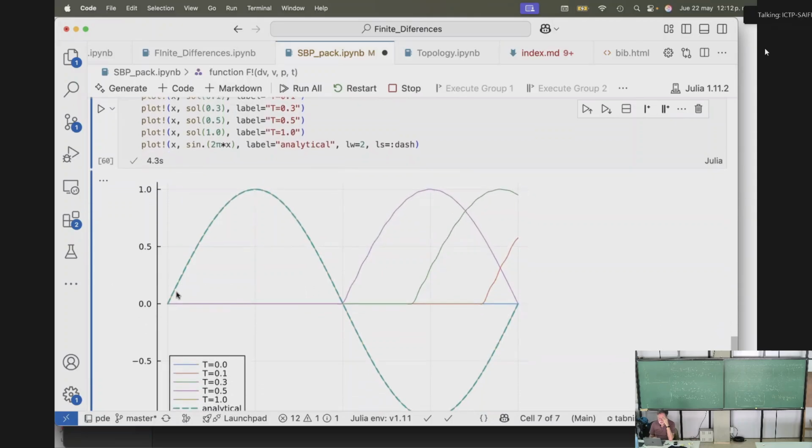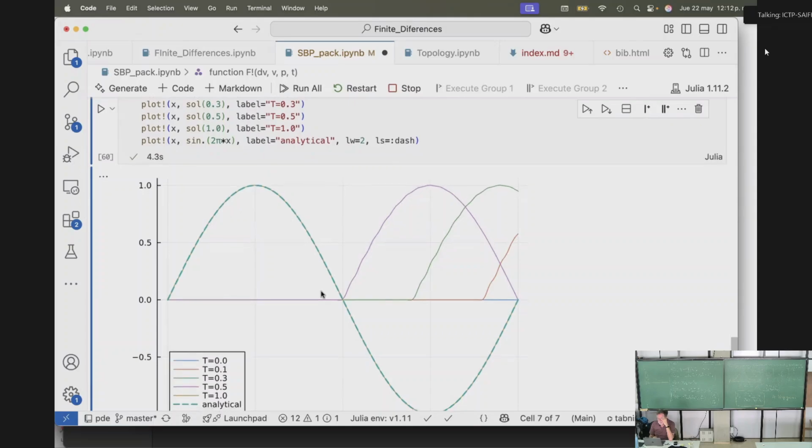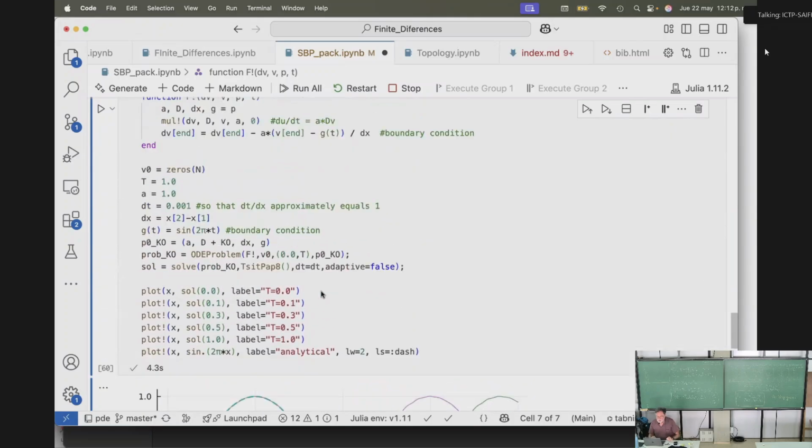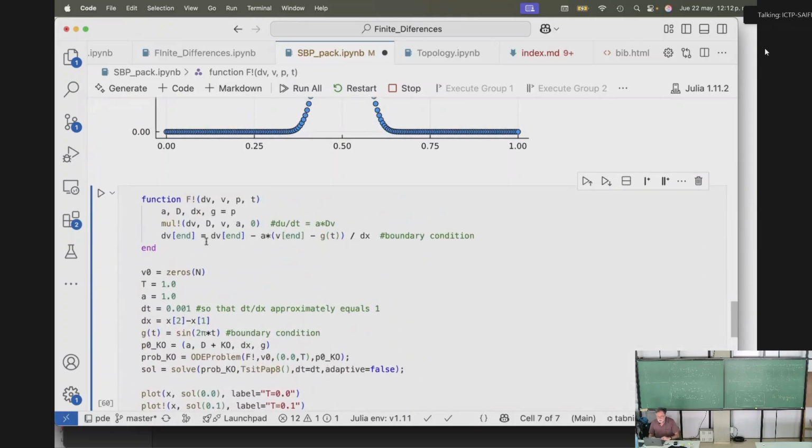And you see that you get something very, very precise. So this is a way of giving the boundary conditions. So now I have to explain why we are doing this way of putting the boundary condition, okay?